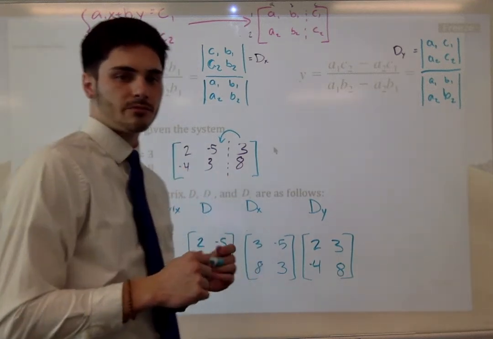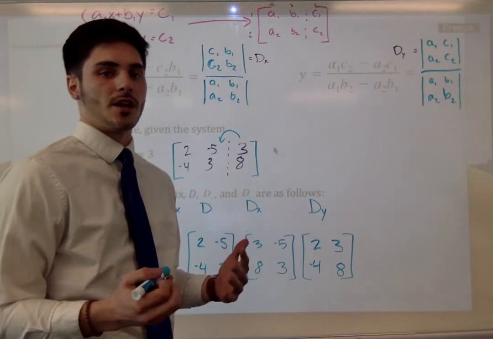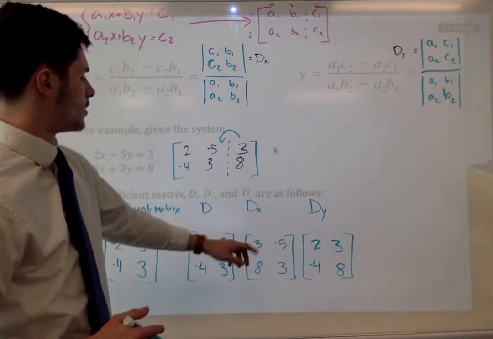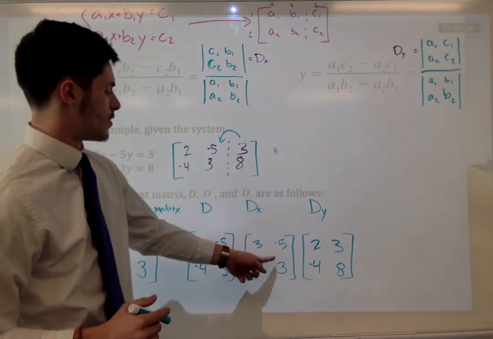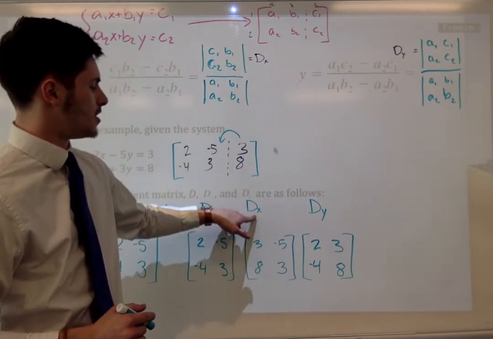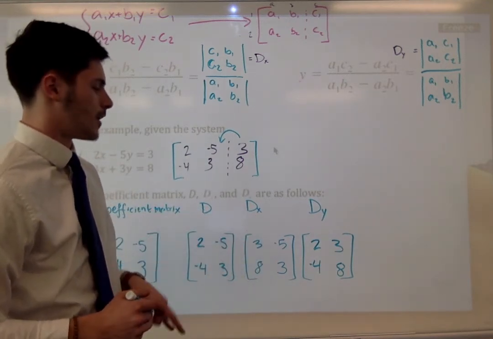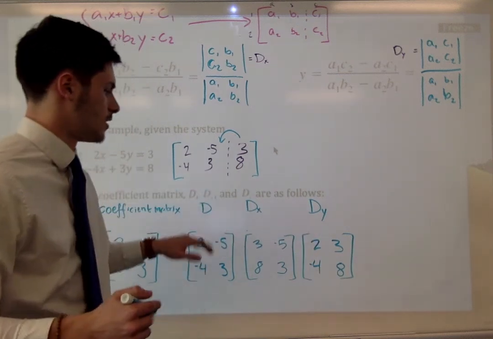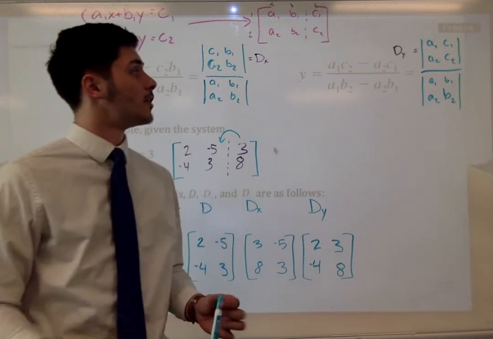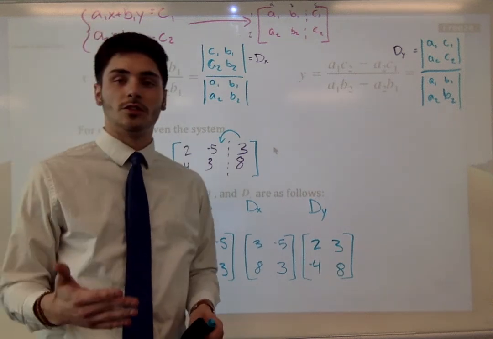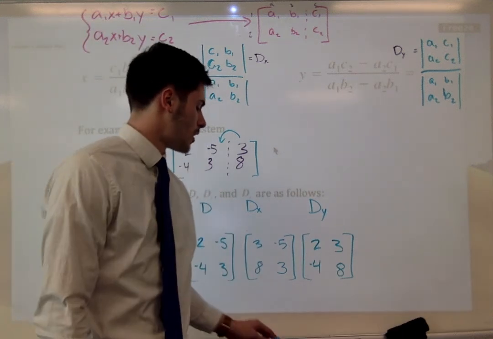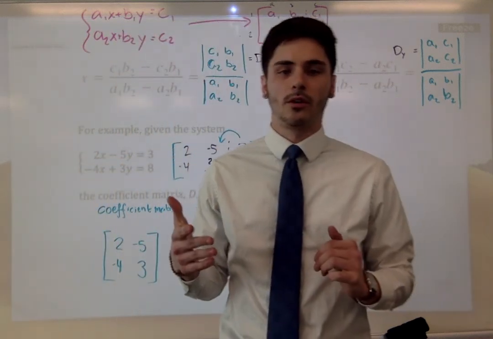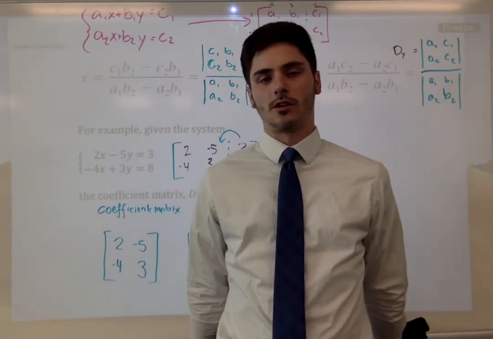And so like I said, if we were to continue on with this example and solve for x and y, we would put dx over d and find the determinant of both of those, and then we would put dy over d and find the determinant of both of those. And those would give us the solutions in fraction form of x and y. And so I will have one more video going over a full example, and then I want you all to try the other one on your own.